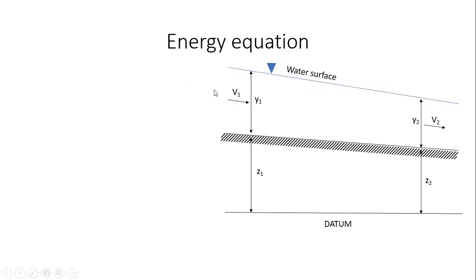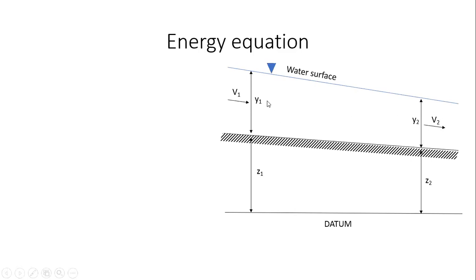Assuming that the flow rate is steady Q, and if I know the cross-sectional details, if I know it's a trapezoidal, triangular or rectangular cross-section, using this value y1, I can very easily find out v1, right? Because I know the cross-sectional details, I can find out what the velocity of that cross-section is. Similarly, if I know the cross-section details at section 2, I can find out velocity 2, right?